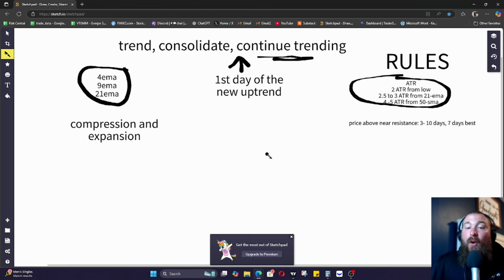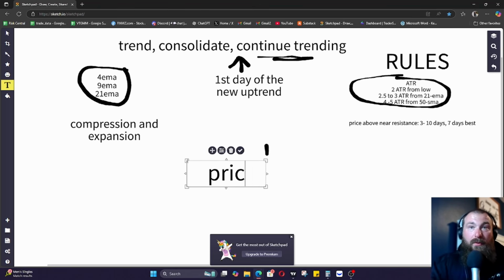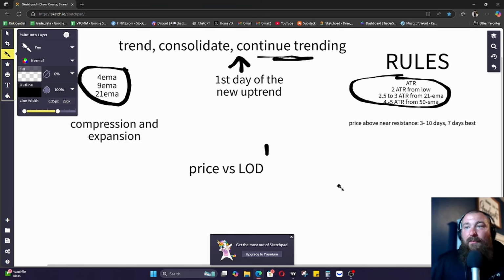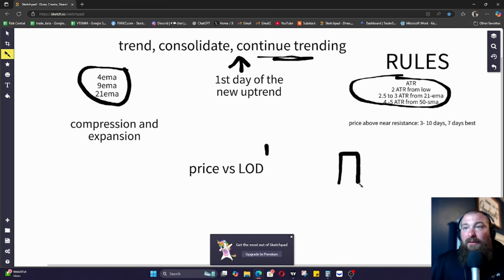If it's quote unquote extended on the day, like on today's time frame, so price versus low of day, and that is a little bit too extended for you in your opinion, based on your system, that's fine.